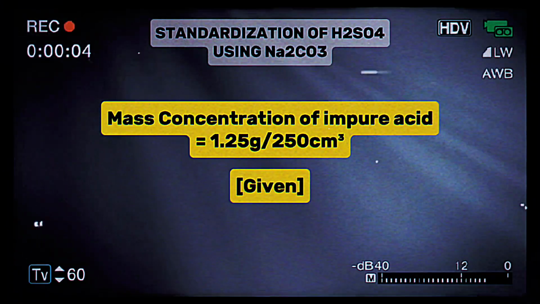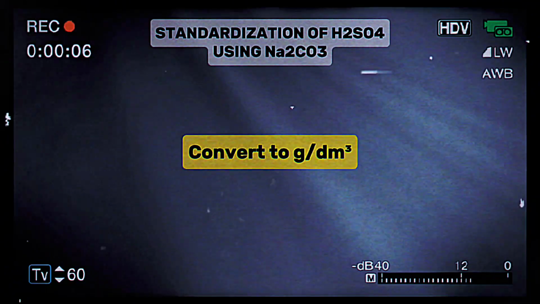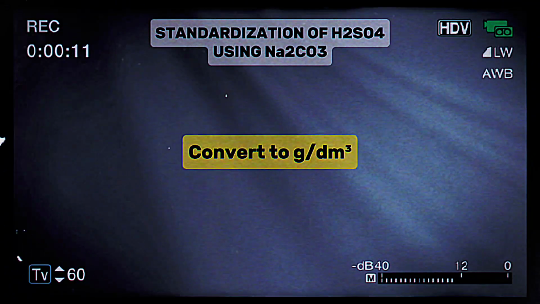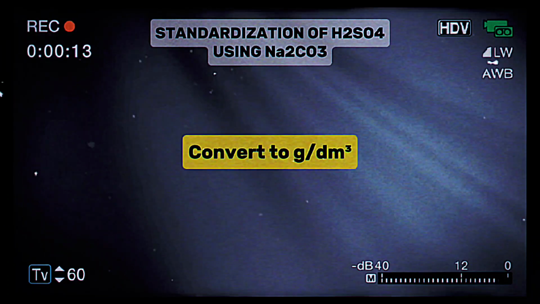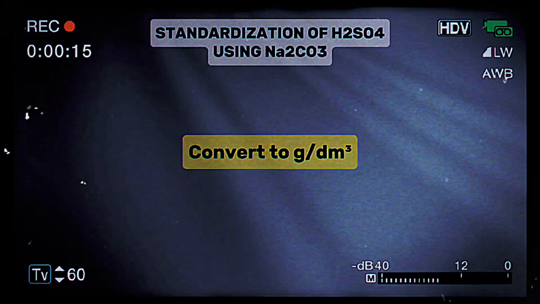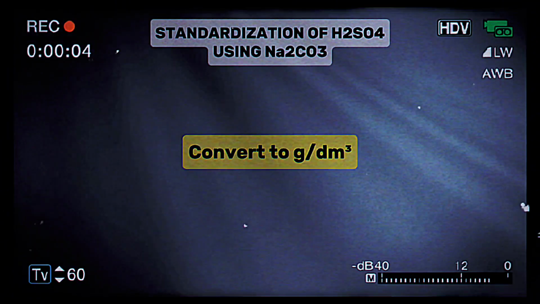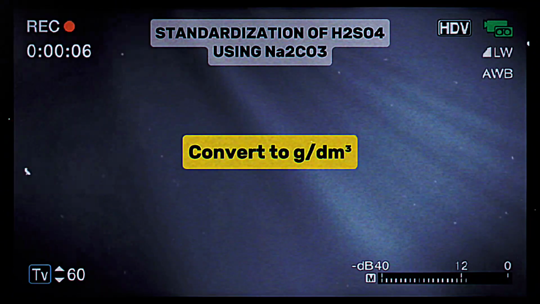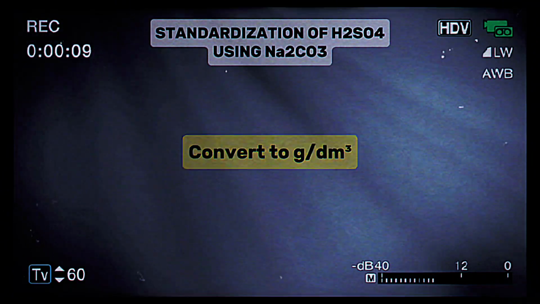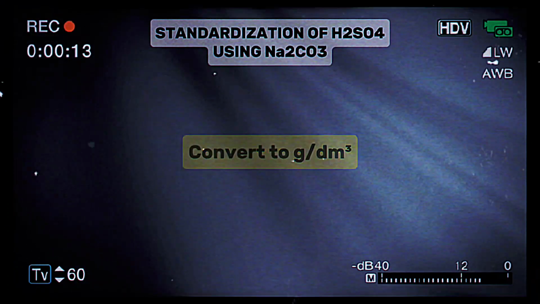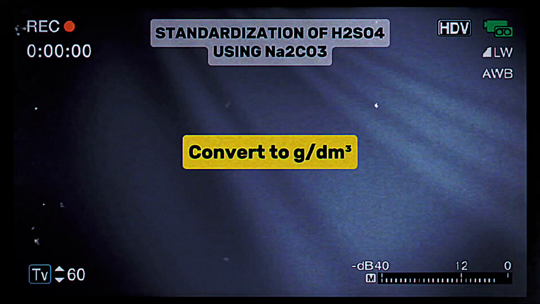So how would you determine the concentration of the impure acid in gram per dm cube? All you have to do is convert. All right, I believe you can do that. Once you convert it, you should be able to know how much of this is in 1 dm cube, that is, how much is in 1000 cm cube. Just do your ratio relationship to get that.